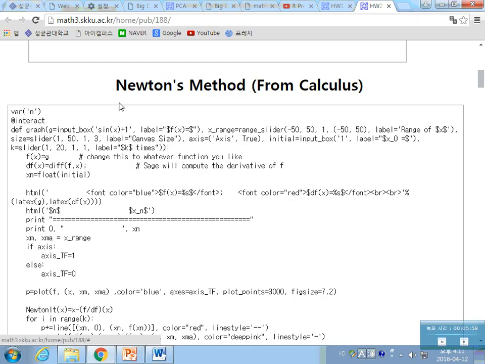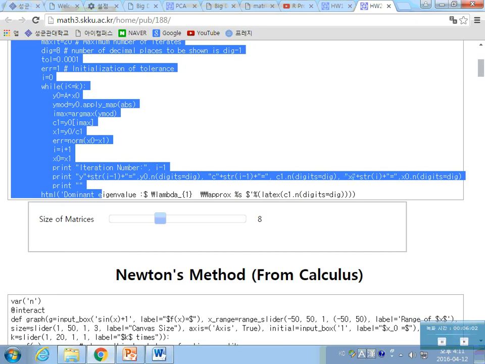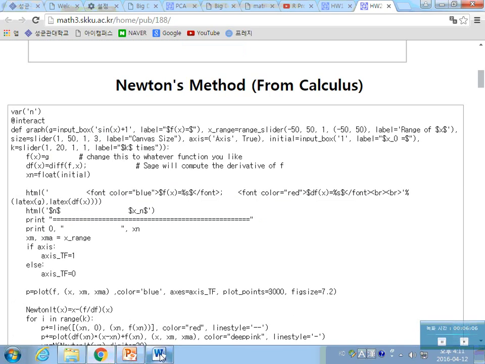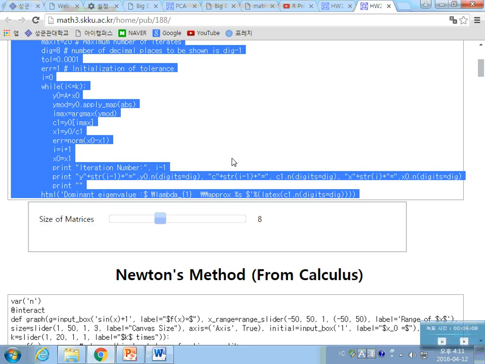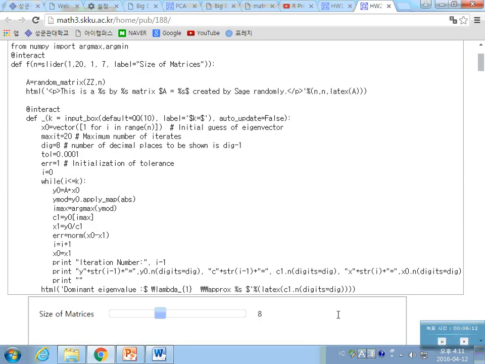You can copy this to your account, and you can combine the two codes together to make it easier.